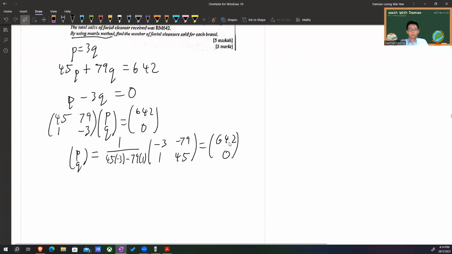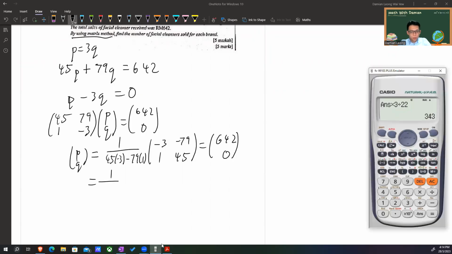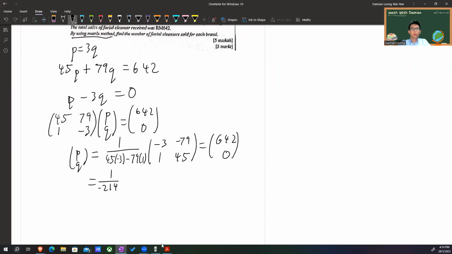Then 1 over 45 times negative 3 minus 79. Negative 214. Times this, first matrix follow rows, second matrix follow column.